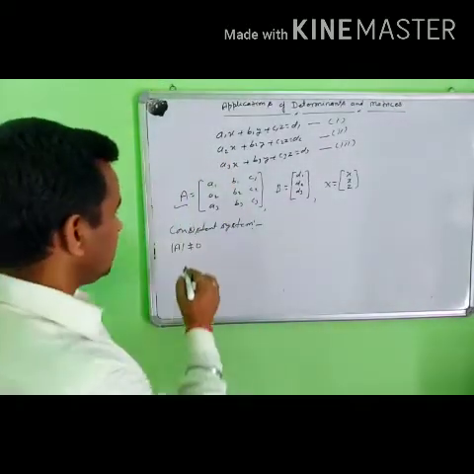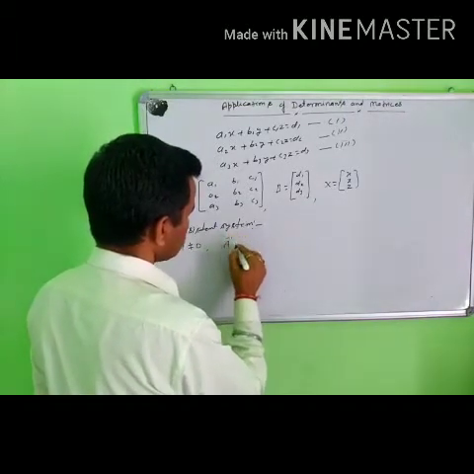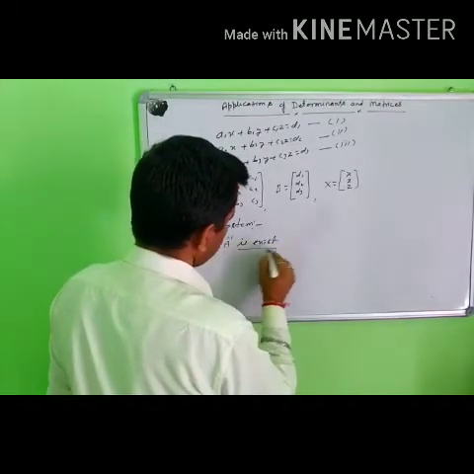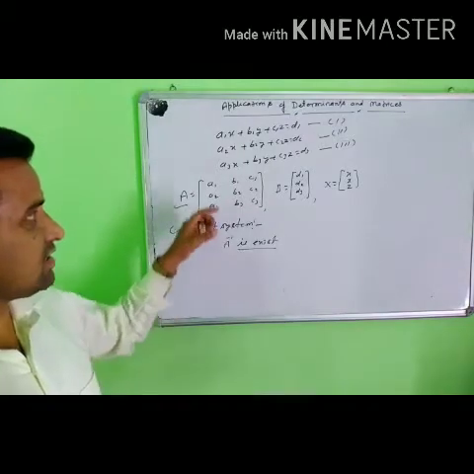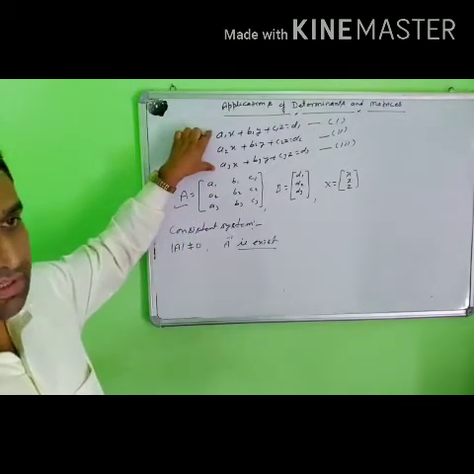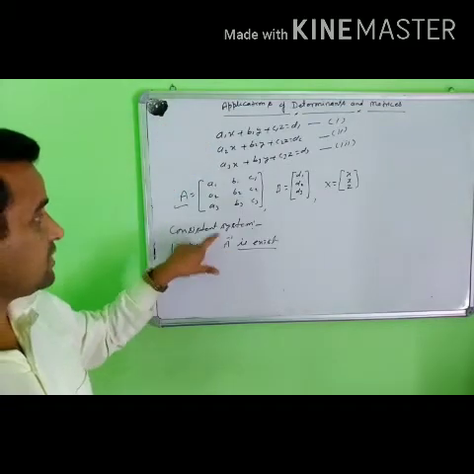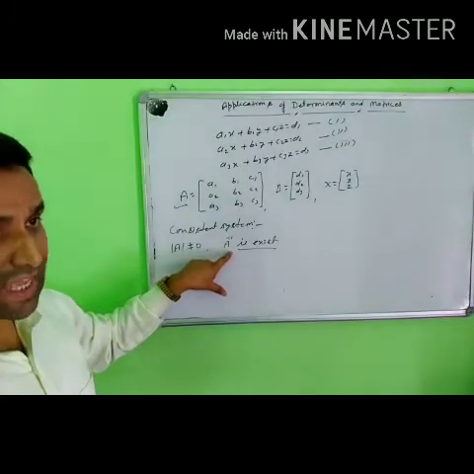Second, if it is consistent, then A inverse exists. So two things: if the equation is consistent, the equations have a unique solution, and the matrix has an inverse.